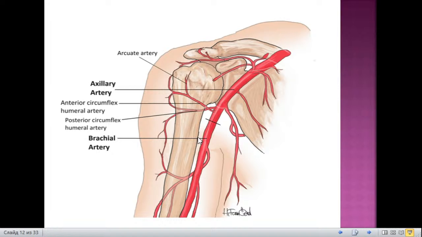So what are these two arteries? Firstly, the subclavian artery. It gives off the brachiocephalic trunk, this short artery. From it, it gives off the suprascapular artery. The suprascapular artery comes from the thyrocervical trunk and goes to the back, passing through the scapular notch.